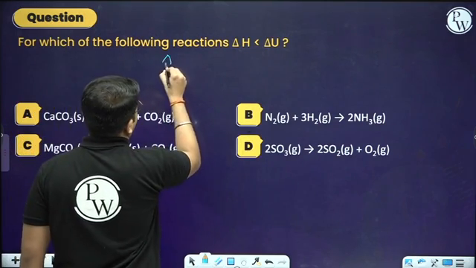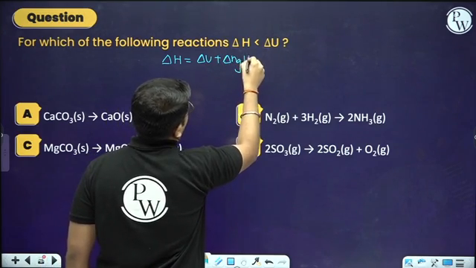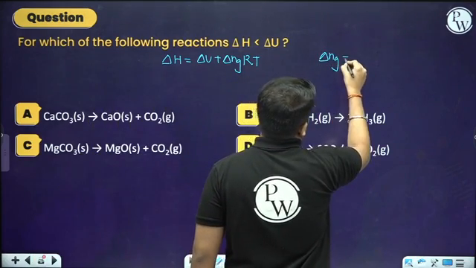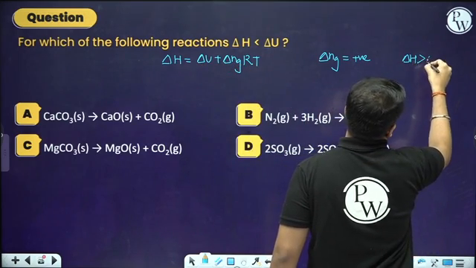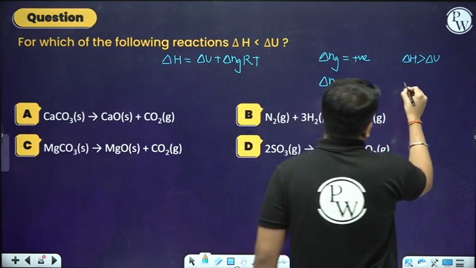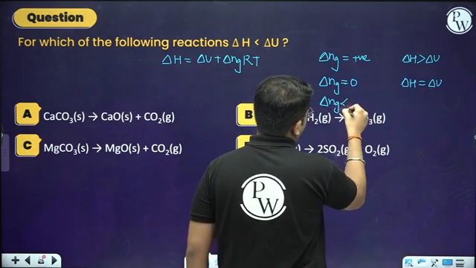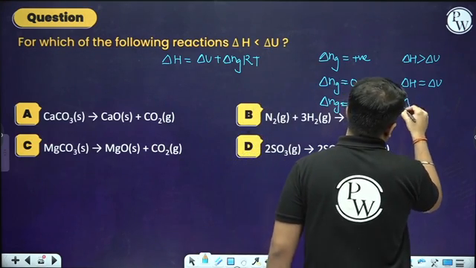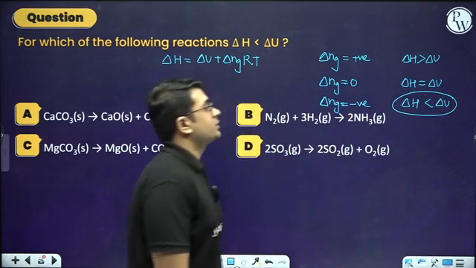We know that delta H equals delta U plus delta n_g RT. If delta n_g is positive, delta H will be more than delta U. If delta n_g equals 0, delta H will be equal to delta U. And when delta n_g is negative, delta H will be less than delta U. This is the only condition required in the question.